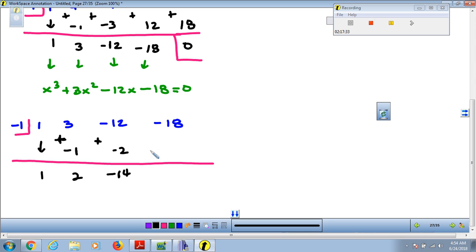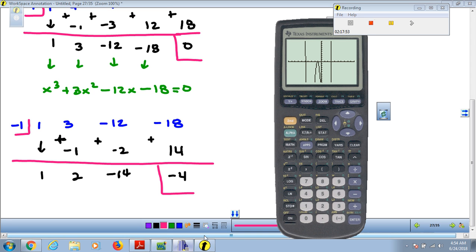When I multiply negative 1 times negative 14, this is 14. So what happens here is that I don't get the desired number at the end, which is 0. I get a negative 4. And that tells me that even though I tried to reuse the same x-intercept, I didn't get a zero remainder, so I cannot reuse it this time. I have to use a different one.